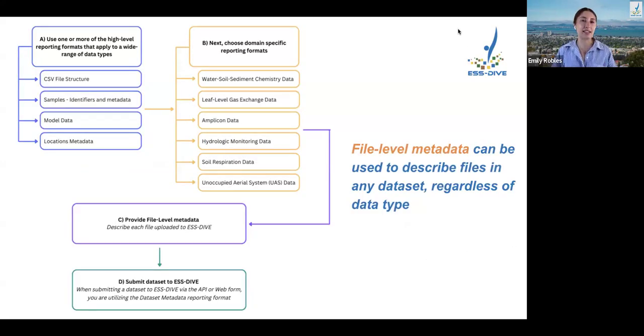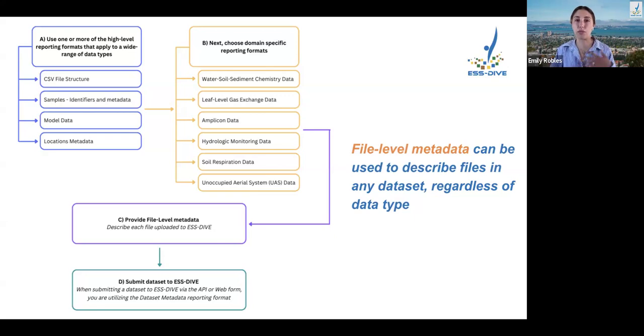So as I said, some data sets are using multiple reporting formats, and that's because of the workflow that actually encourages using multiple where appropriate. So initially, for a data contributor, we recommend looking at the high-level reporting formats that can apply to a wide range of data types. So these are the CSV file structures, samples, identifiers, and metadata, model data, and locations metadata.